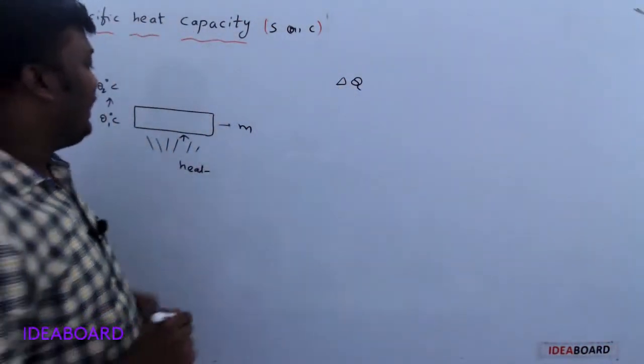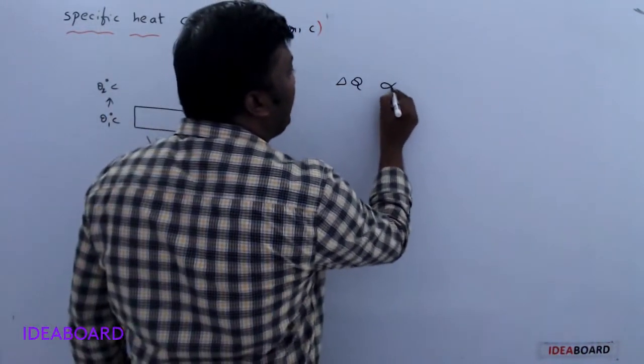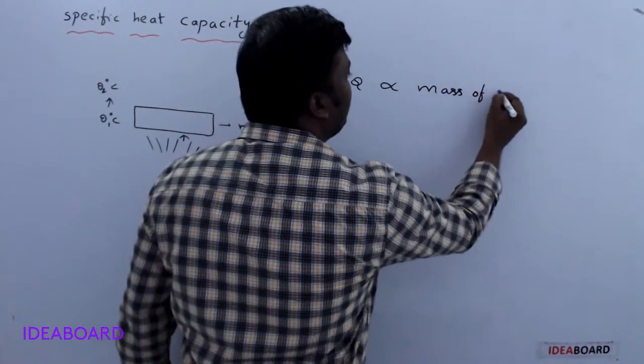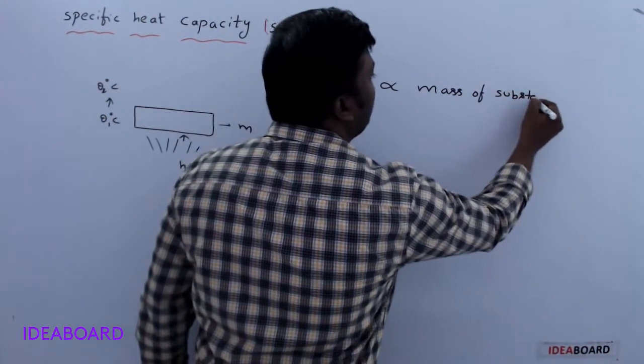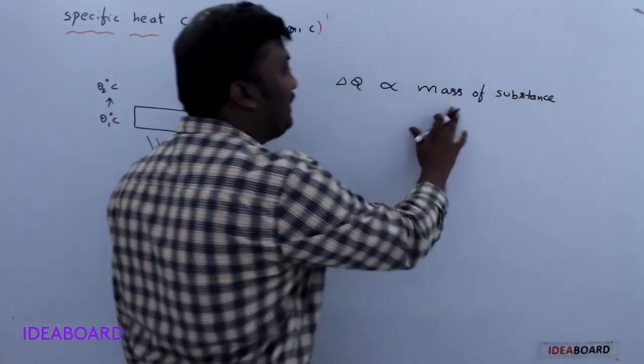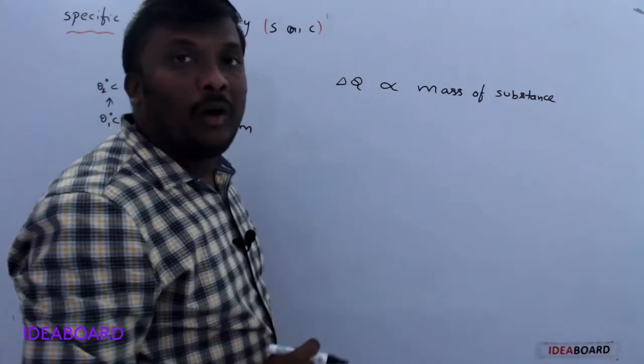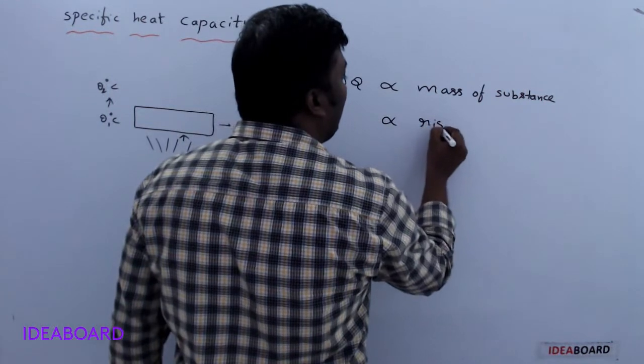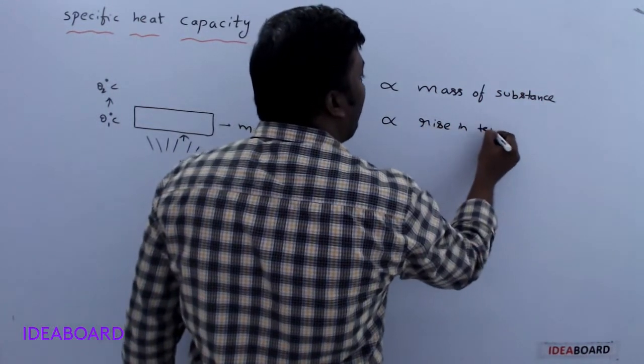This delta Q always depends on the mass of the substance. If the mass increases, the amount of heat required increases, and it is also directly proportional to the rise in temperature.